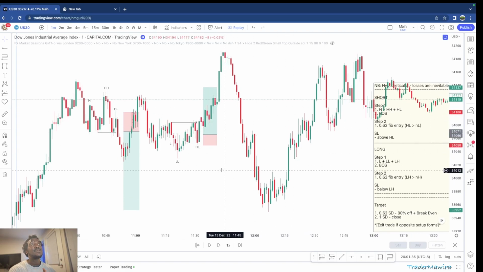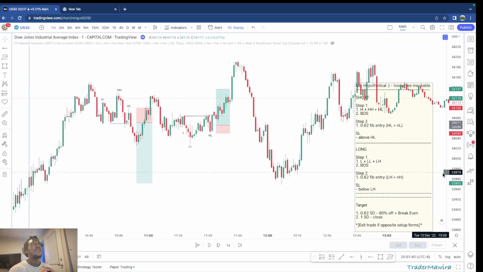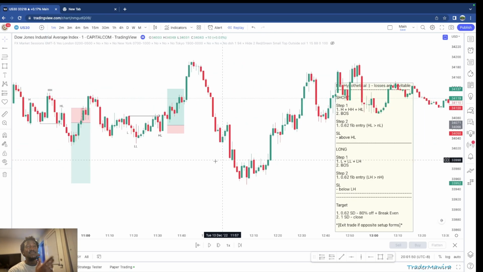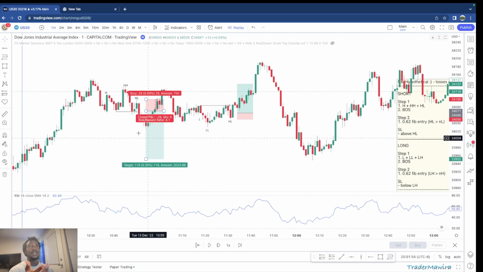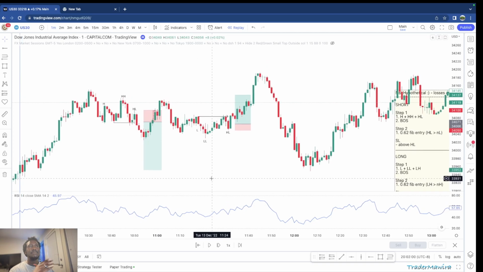So this is something that you can pair up with other strategies, which we're going to go into in the future. Maybe introduce a few moving averages if we have to, or maybe introduce the RSI and try to look for divergence, because sometimes it does really work. You don't want to go that route, but if it works, it works.